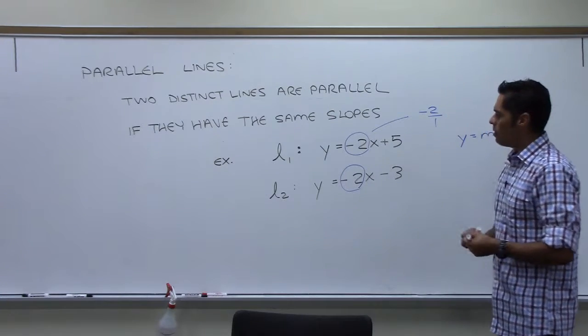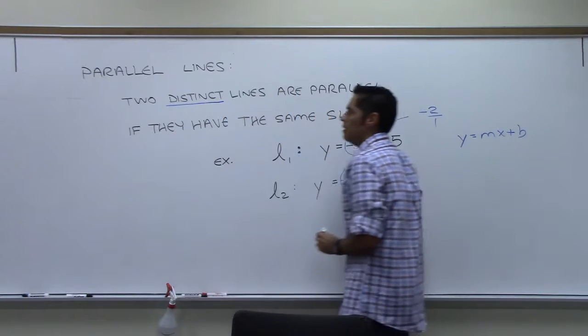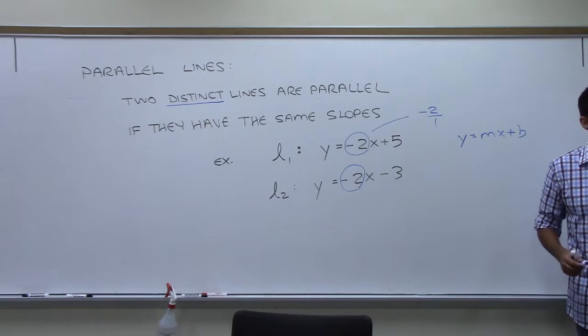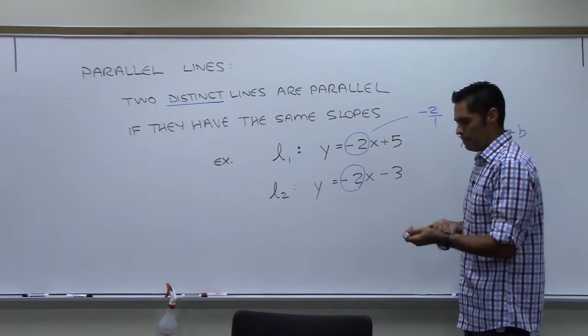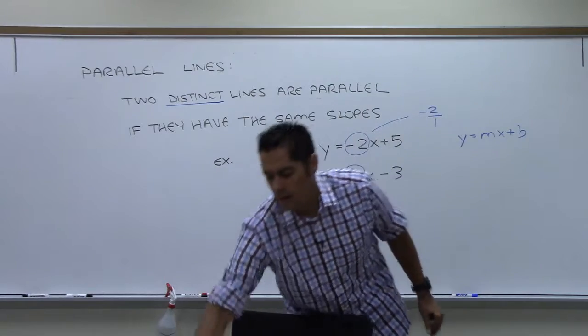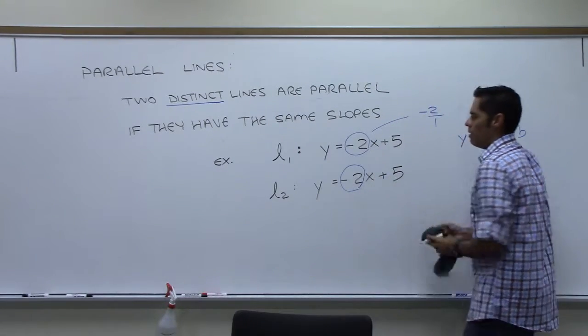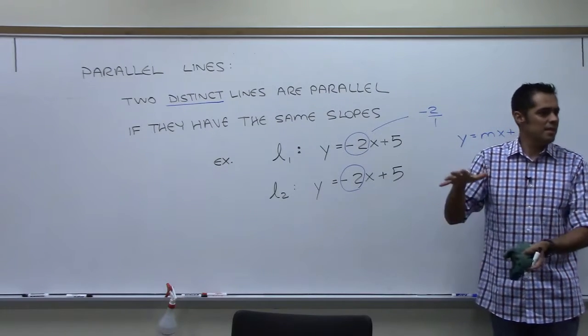Now there's another word in here that's important, and that is distinct. What we mean by that is that we're not talking about the same line. Like if I were to say, here's line 1, and here's line 2, are they parallel? Well, it's the same line. They're not distinct lines.